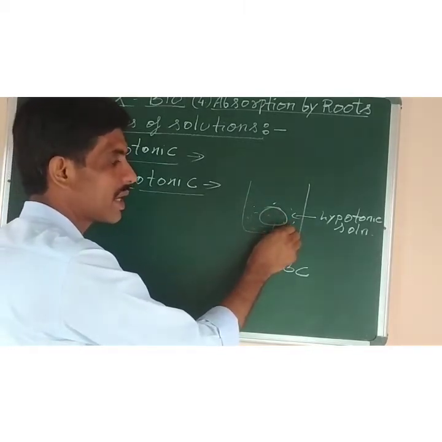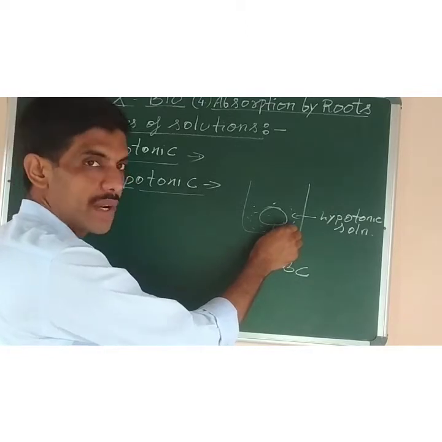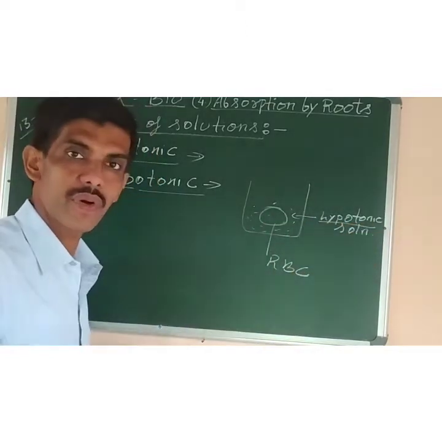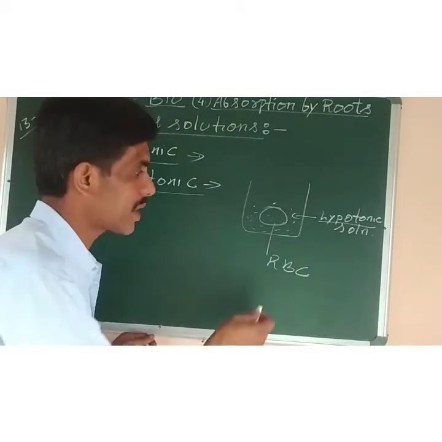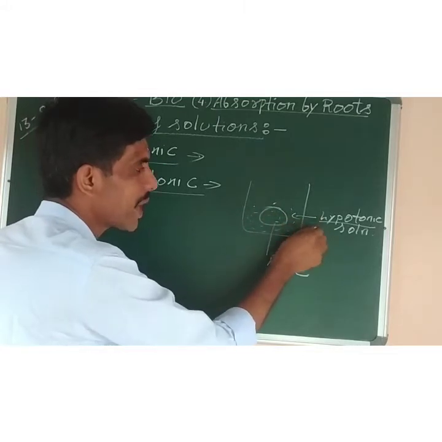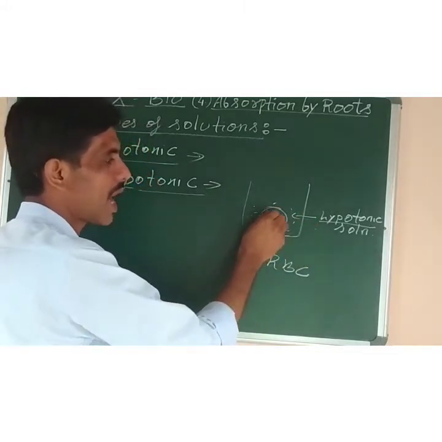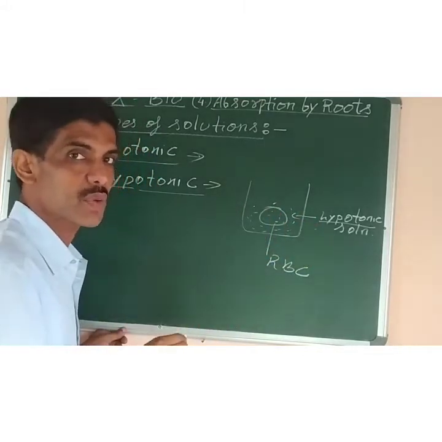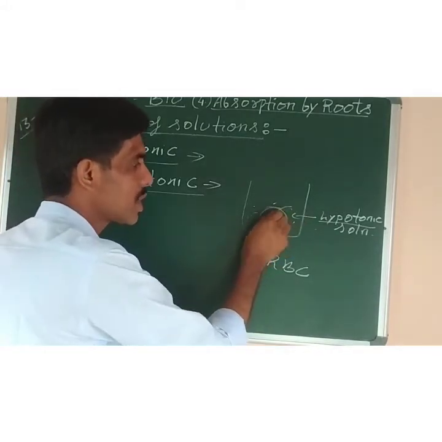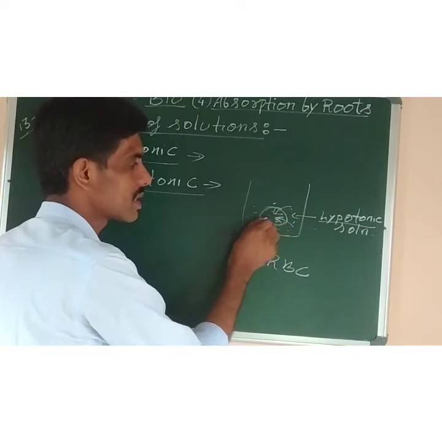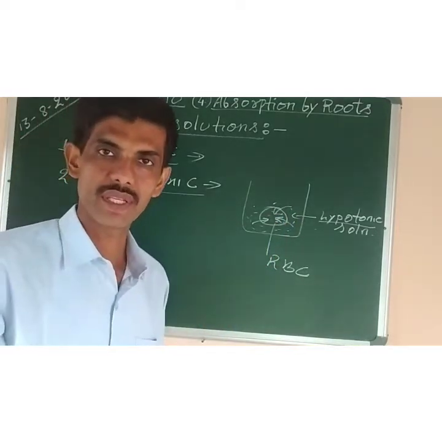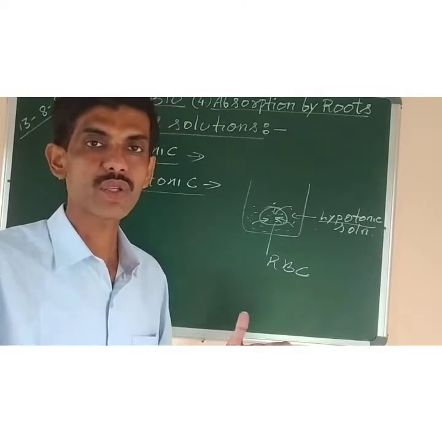More of solvent is there, that is water is more, solute is less. So as compared to this hypotonic solution, the RBC contains less water, less solvent, and more of solute. So water molecules will diffuse into the cell and it will cause swelling or bursting of RBC. Okay, the RBC will swell.